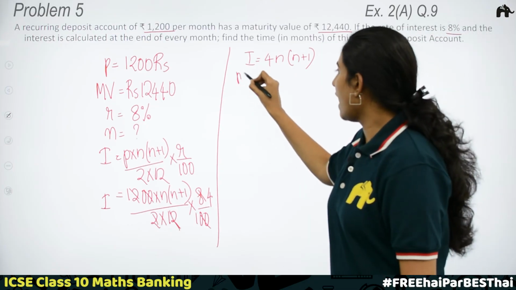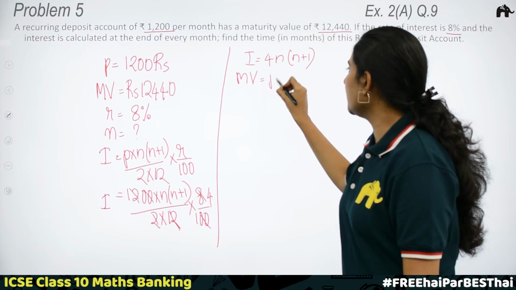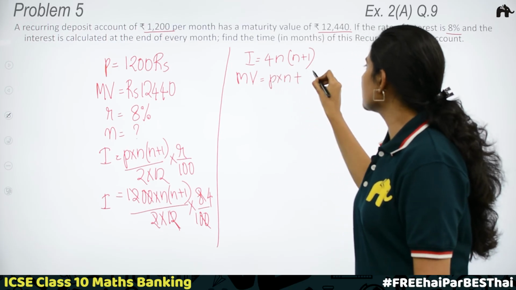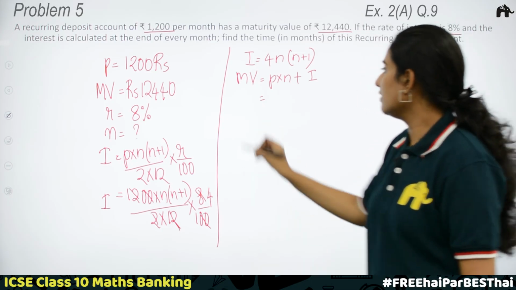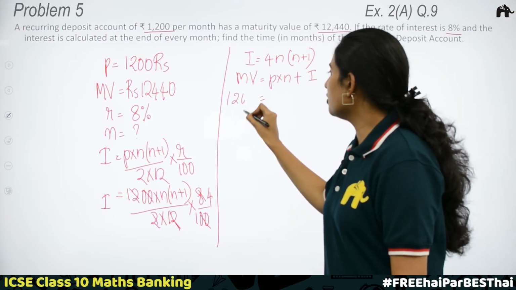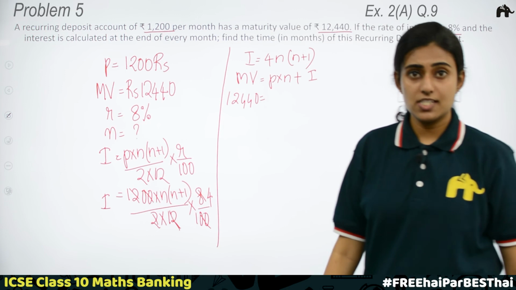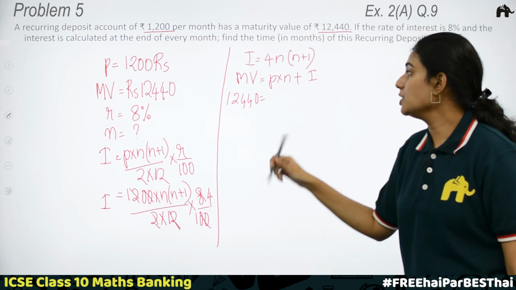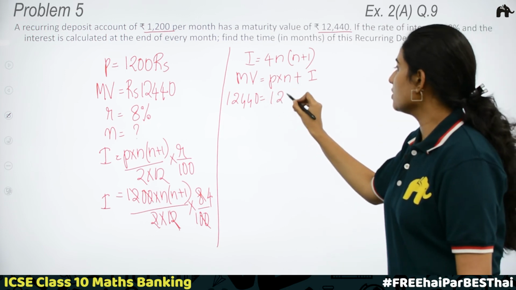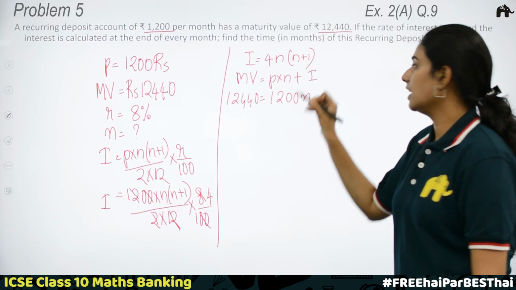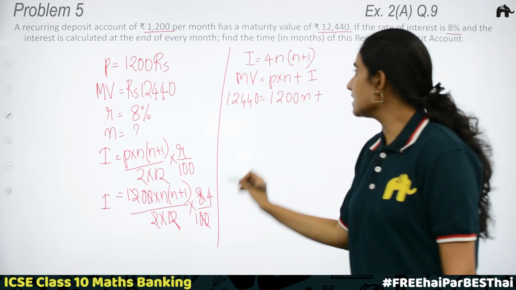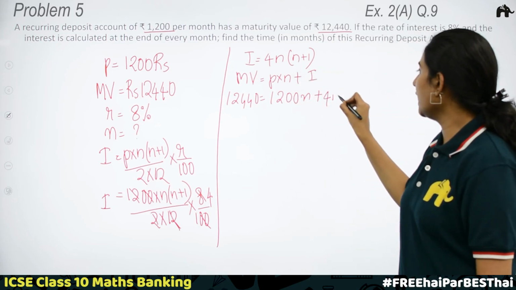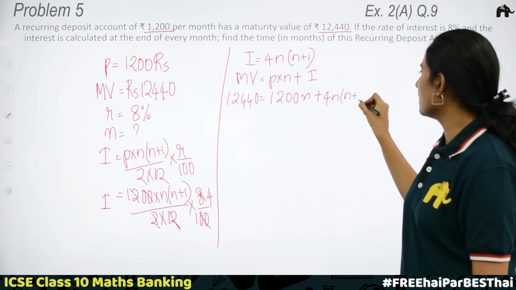Next, we have maturity value is equal to P into n plus I. Here the maturity value is 12,440, which is equal to P into n, 1200 times n plus the interest. Interest is 4n into n plus 1.